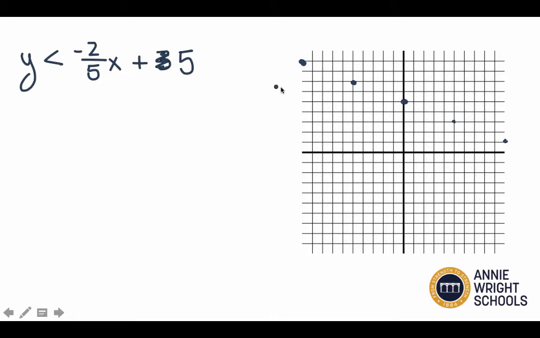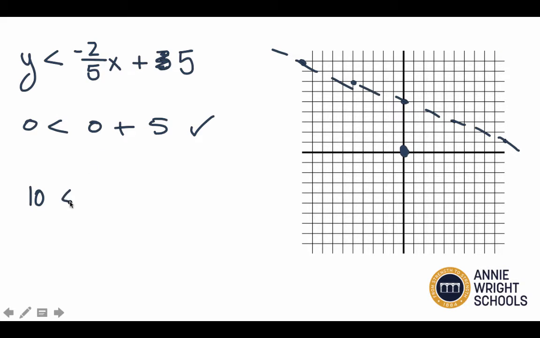Now, solid or dotted line or dash line. You want a dash line. Sorry, it's hard for me to use this little tablet. Pick a point that's easy to check. I like 0, 0. Is 0 less than or equal to 0 plus 5? That is true. So 0, 0 works. That means shade over here. If you had picked the point right over here, let's say 10, 10.